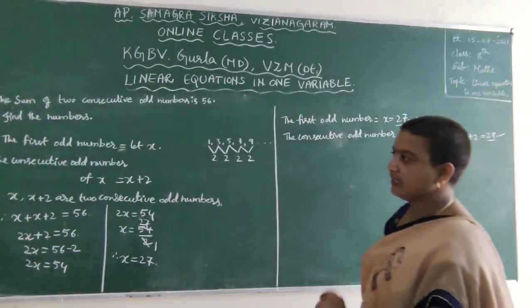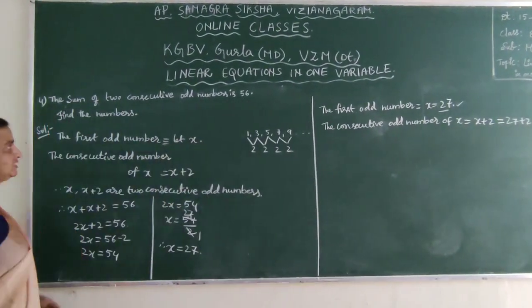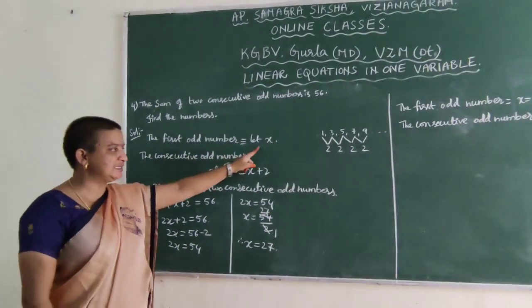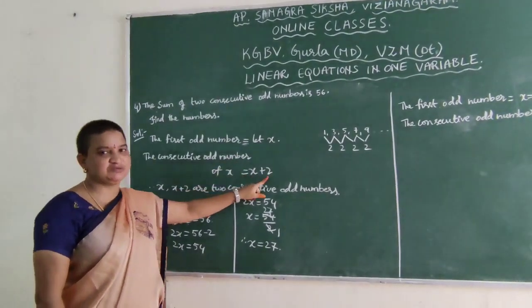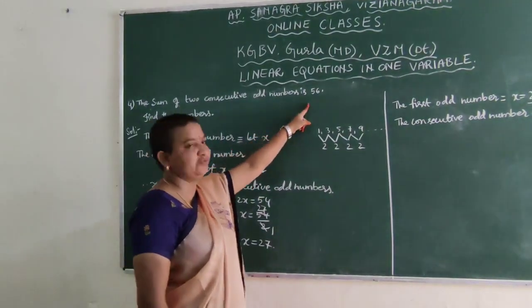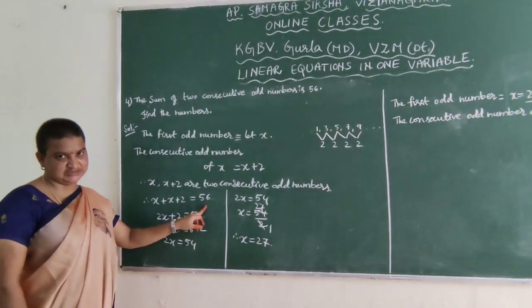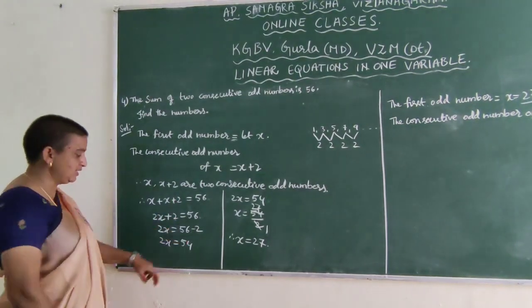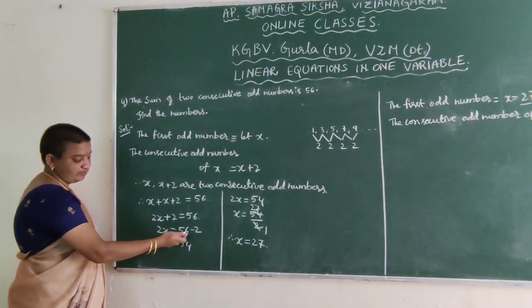Once again I repeat. The sum of two consecutive odd numbers is 56. Find the numbers. Let us take the first odd number as x. Next, the consecutive odd number will be x plus 2. The sum of these two numbers is equal to 56. So x plus x plus 2 is equal to 56. x plus x is 2x, plus 2 is equal to 56. Transpose 2 to the RHS, 2x is equal to 56 minus 2.